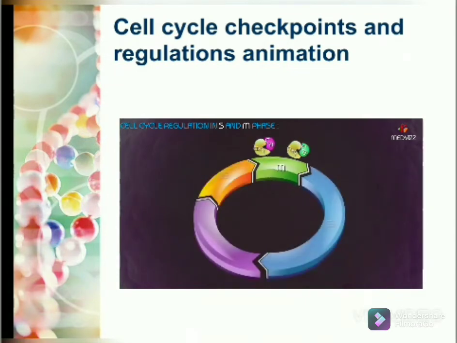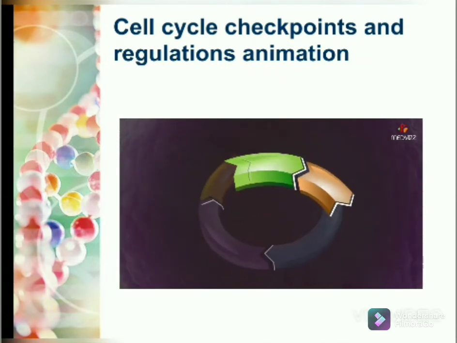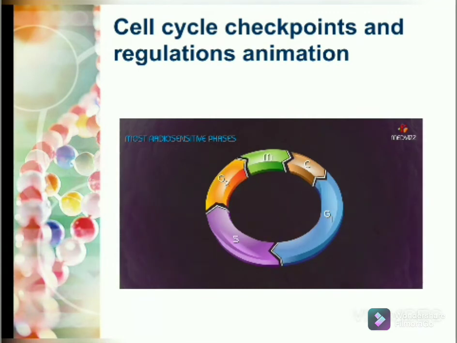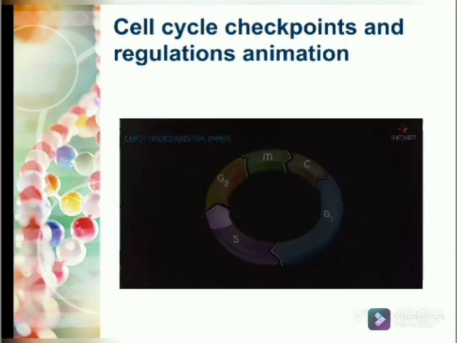Towards the end of mitosis, the anaphase promoting complex causes ubiquitination and destruction of cyclin A-CDK1 and cyclin B-CDK1, which leads to termination of M phase with anaphase, telophase, and cytokinesis. The most radiosensitive phases are the G2 phase and mitosis. The least radiosensitive phase is the latter part of the S phase.